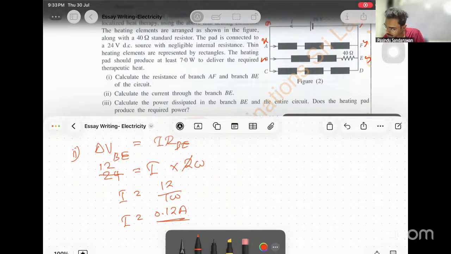Next, calculate the power dissipated in the branch BE and the entire circuit. Does the heating pad produce the required power?